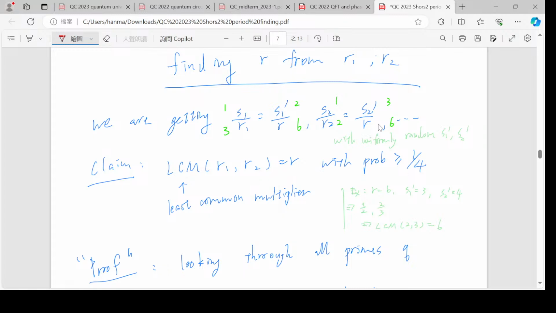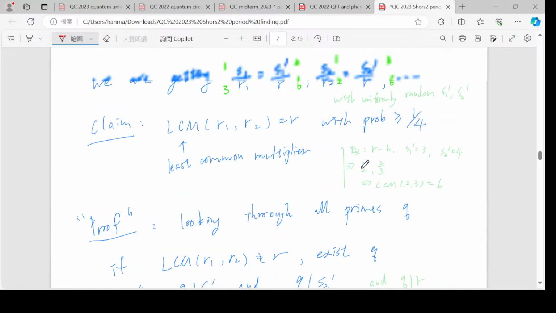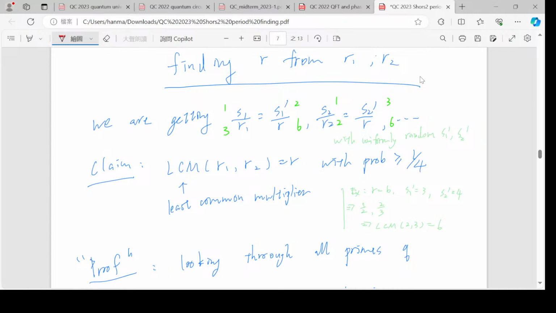So for this notation here, for different i, we are thinking Si and Ri are coprime. So we find the best fraction here. Now we have this R1 equals 3 and R2 equals 2 here.